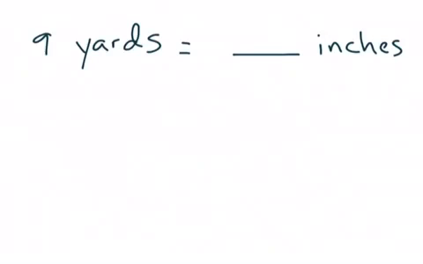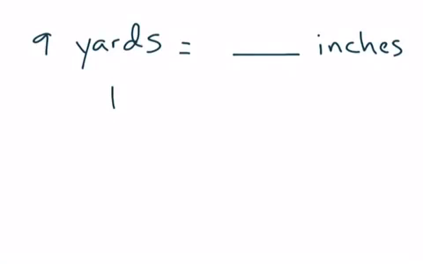So when they're not directly linked, you can figure out how many of a really small unit can be in a little bit larger unit. I know that there are 12 inches in a foot, and I also know that there are 3 feet per yard.